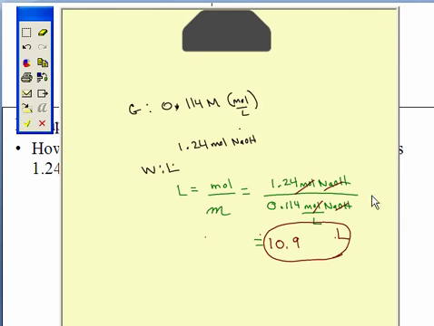You always want to make sure that your units cancel out, and whenever I'm doing these type of problems where I'm using one of the three equations that I've given you, molarity equals moles over liter, or moles equals molarity times liter, or liters equals moles divided by molarity, if you're using any one of those three, I always use my units of molarity as moles over liter, as I did here, so you can see how everything cancels out.